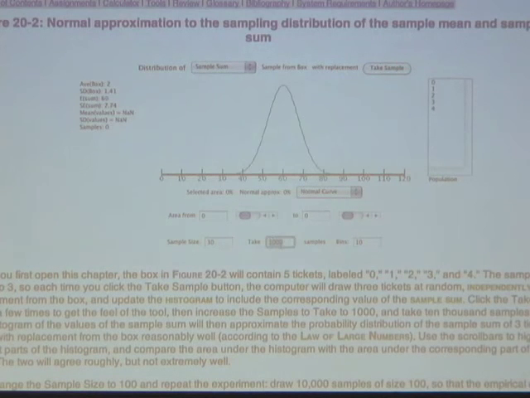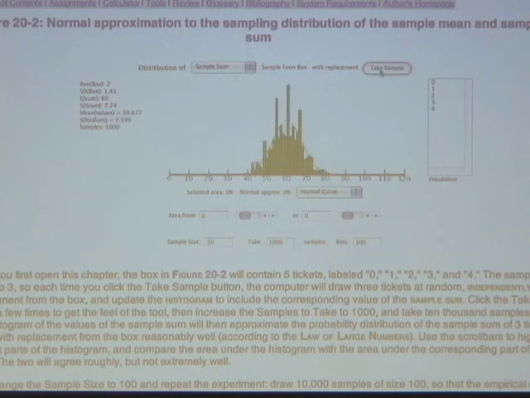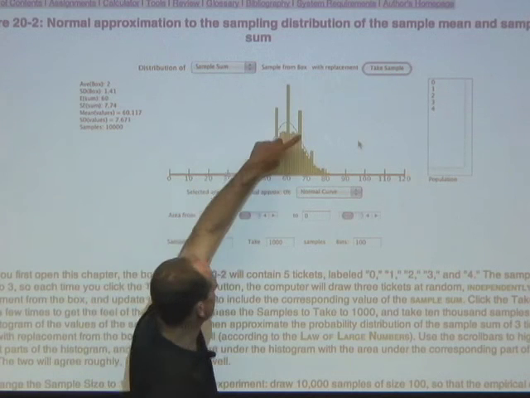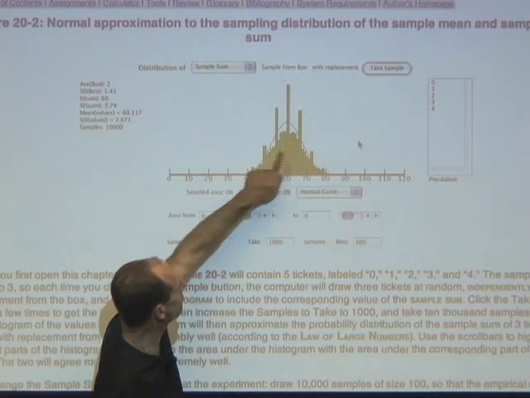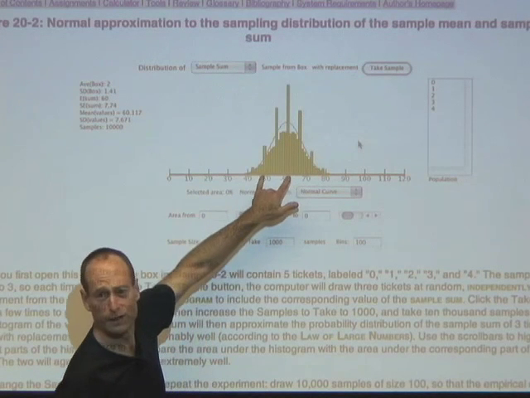So let's go to sample size 30, and let's up the number of bins to 100, and let's take 1,000 samples. Okay, so here there are some values that are a little more common than the normal curve would predict, but we're getting a better fit overall.